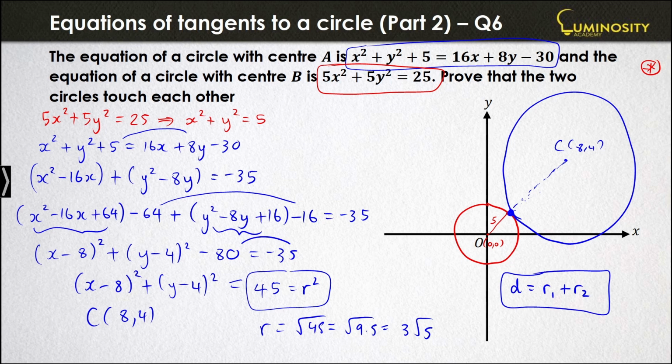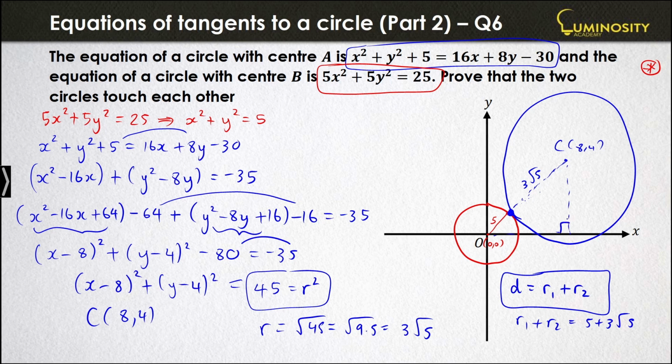So first of all, this is 3 root 5, and that is 5. So R1 plus R2 is going to be 5 plus 3 root 5, if we did our calculations correctly. 9 times 5 is 45. Now how do I work out the distance between the origin point O and the point C?